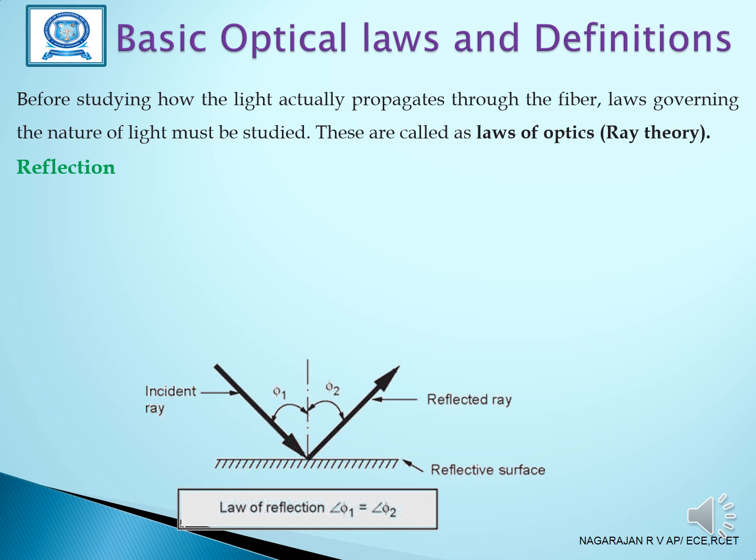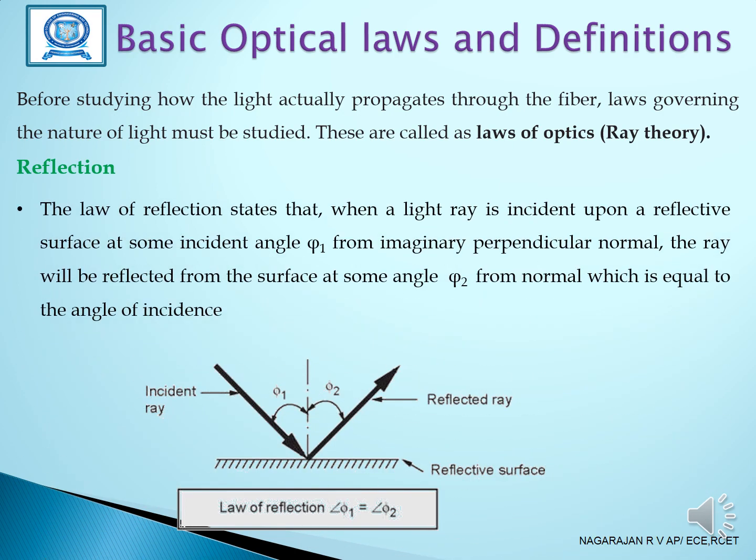Let us see the diagram. Here the incident ray is reflected at the surface, and the reflected ray is called the reflected ray. The law of reflection is angle phi 1 is equal to angle phi 2.